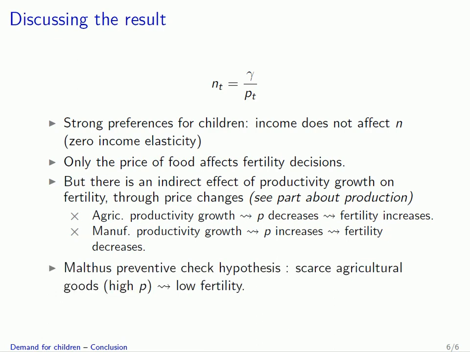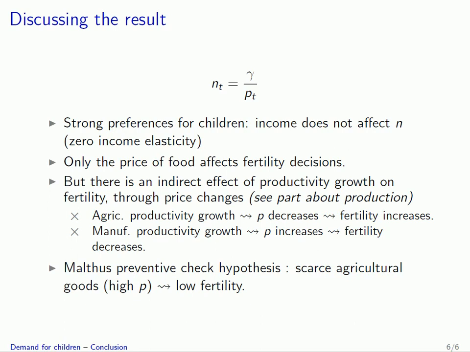How does this simple equation NT equals gamma over PT relate to the preventive check hypothesis by Malthus? Well, it's actually quite simple. If you assume that agricultural goods are hard to get, they're scarce, then probably on the market they will have a high price.